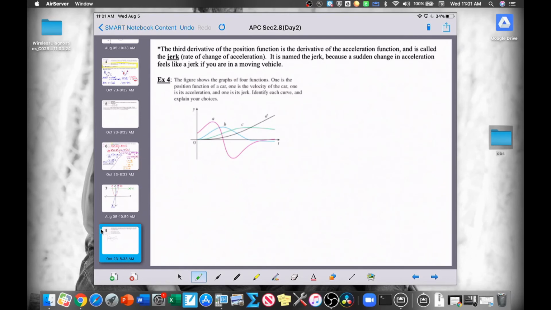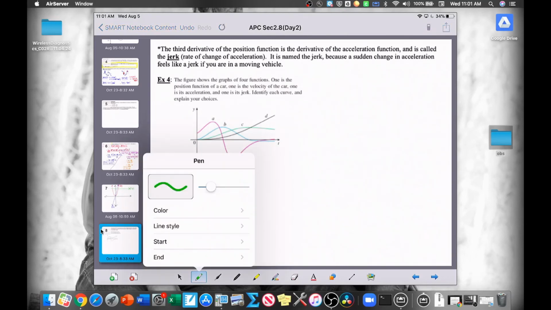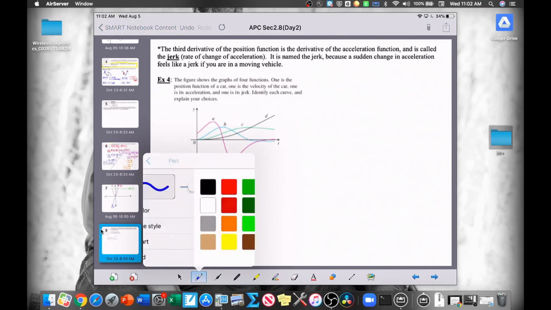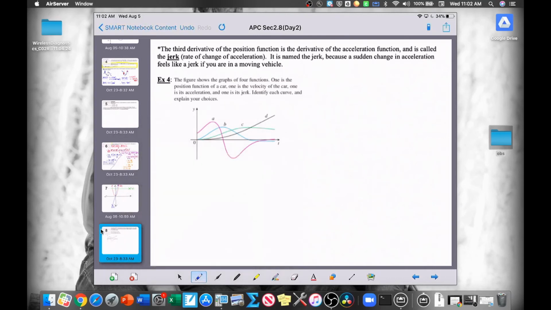All right, so if we're in a car and we're moving in the forward direction, it makes sense to make an assumption that our position function is probably always going to be above 0. Because if we're driving in a car, we're probably driving down the road, we're probably not putting the car in reverse and going backwards.